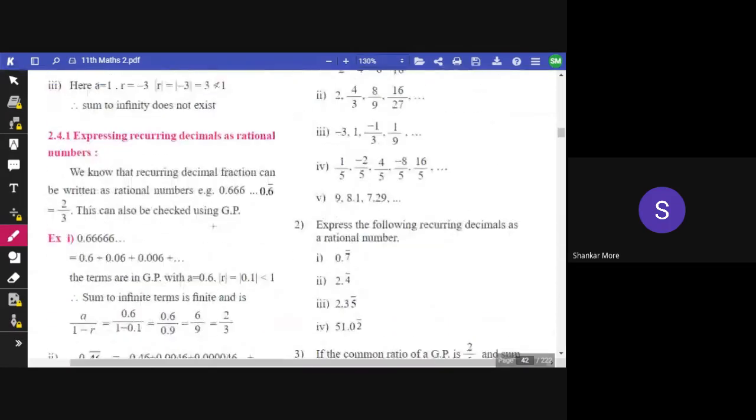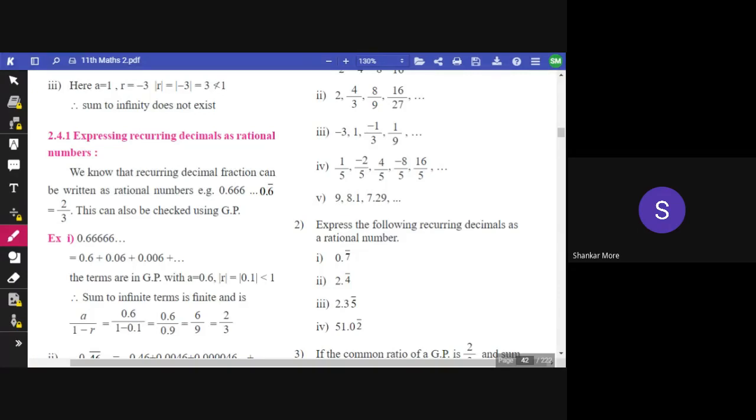But if you are talking about the previous two formulas that we have seen in the last class, for those formulas you will be asked to find the sum of finite terms. That means you will be asked to find the sum of the first 10 terms in this series. They won't ask you to find the sum of infinite terms.